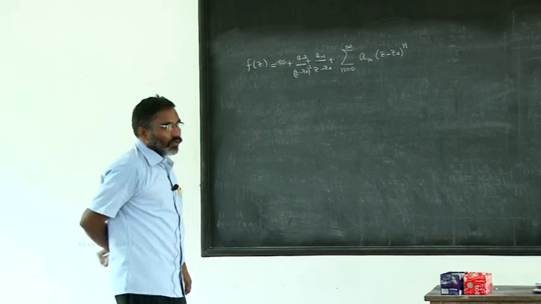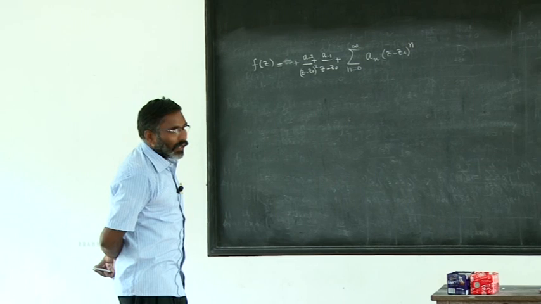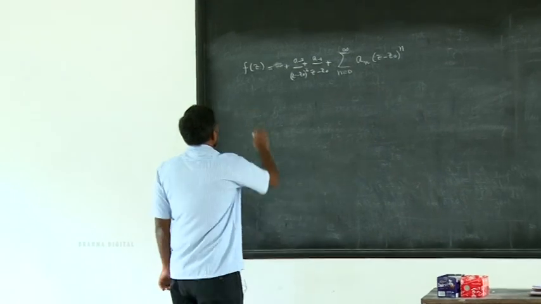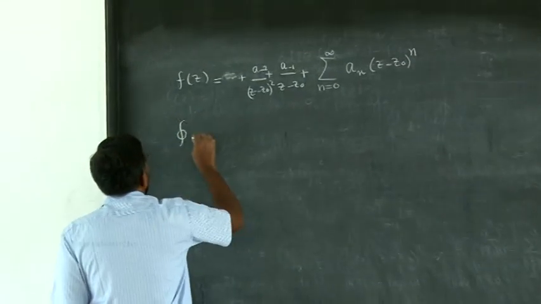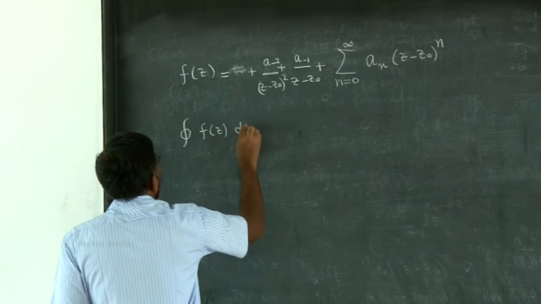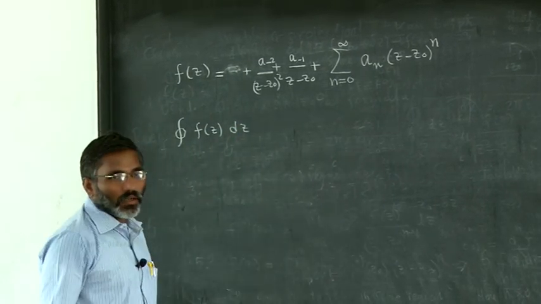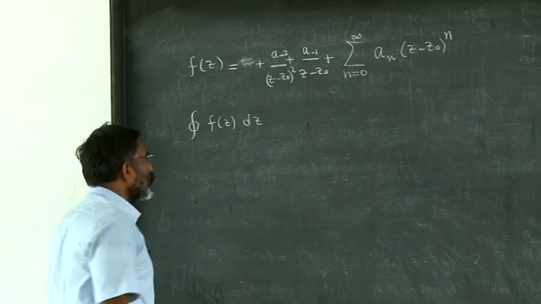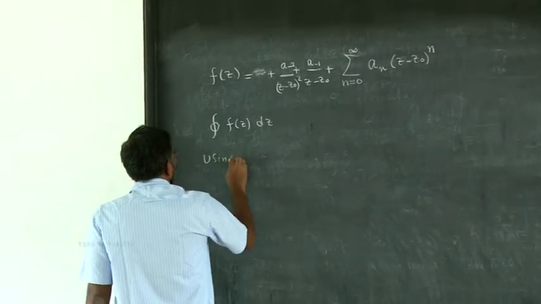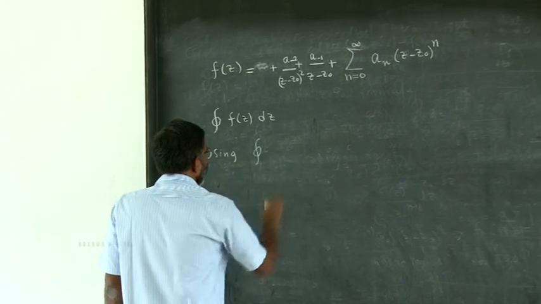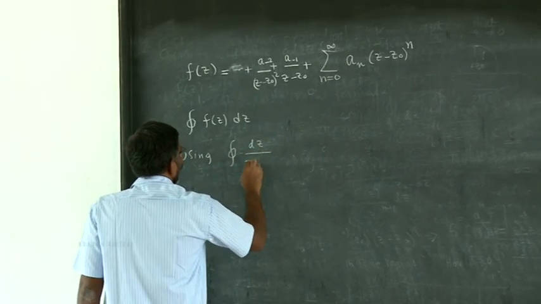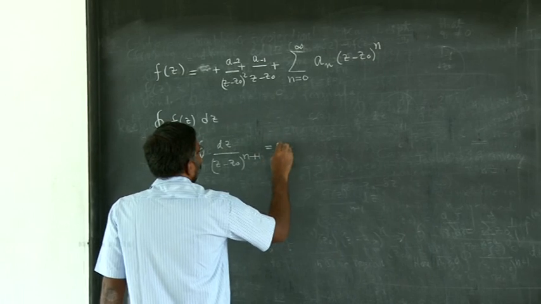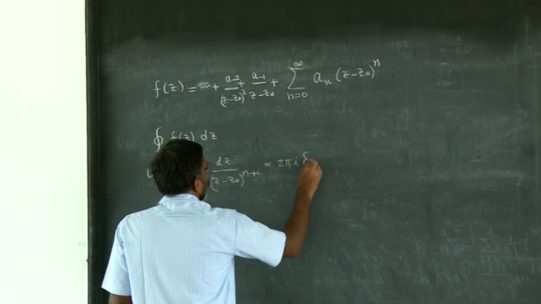Now one thing immediately that I can notice is that if I take an integral over a closed contour of f of z dz, then using the result that we have already shown, an integral over a closed contour of dz divided by (z minus z naught) to the power n plus 1 is 2 pi i into delta n comma 0.